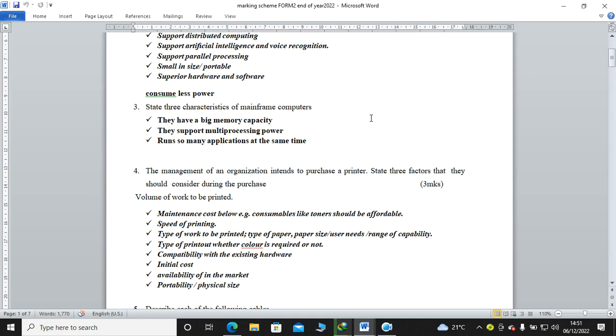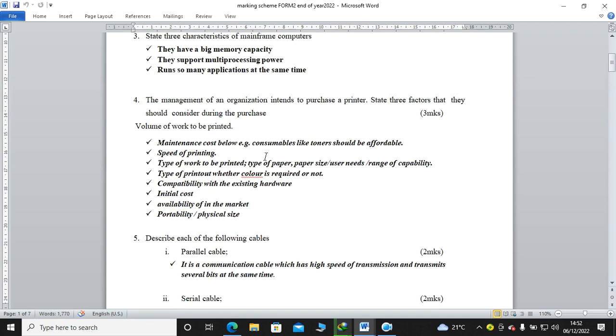You can also consider initial cost, that is the buying price. Speed of printing, type of work to be printed, then type of printout, whether color or black and white, compatibility with existing hardware, availability in the market, and also portability and physical size. So therefore, those are some of the features that you might check when purchasing a printer.